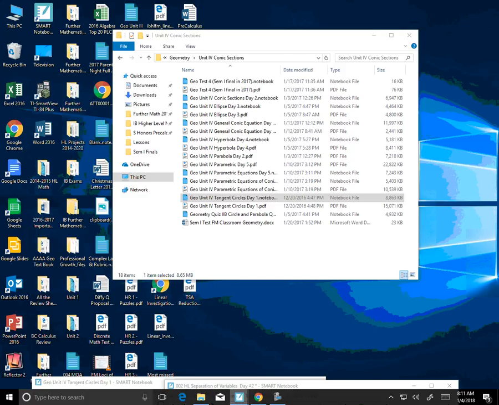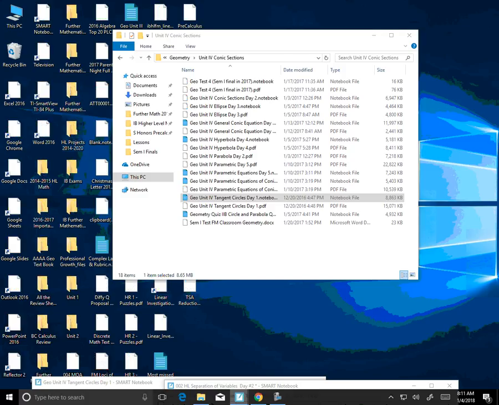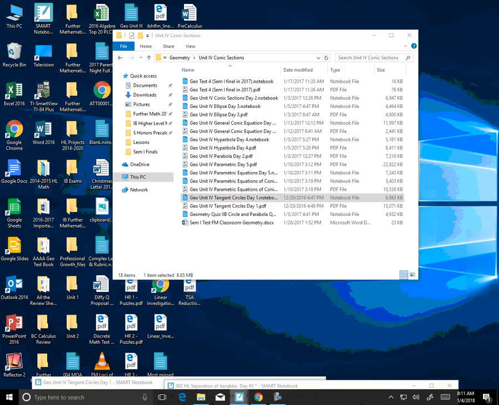64 times r times 1 minus r is equal to 12. 64r minus 64r squared equals 12. So when we put everything on the same side, you're going to get 0 equals 64r squared minus 64r plus 12. Double check.